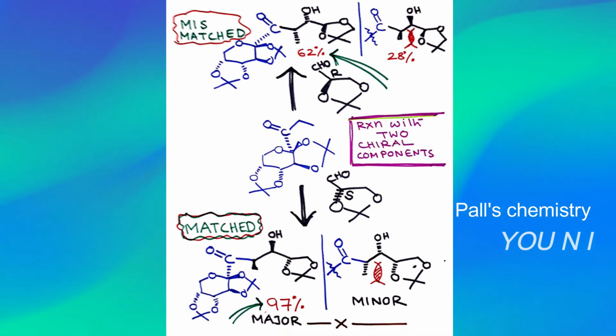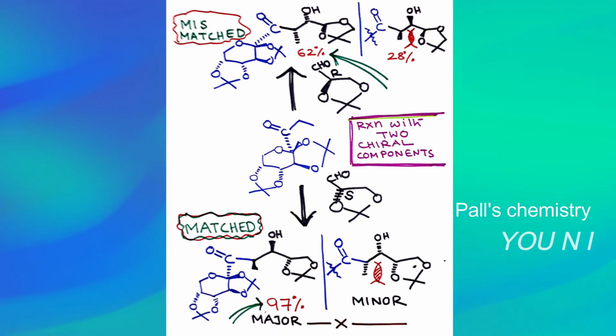Now coming to the other part, where this Z-enolate originating from the chiral ketone is allowed to react with the S enantiomer of the aldehyde, we get the syn beta-hydroxycarbonyl compound, but in this case the major compound percentage is 97% and the minor is 3%.